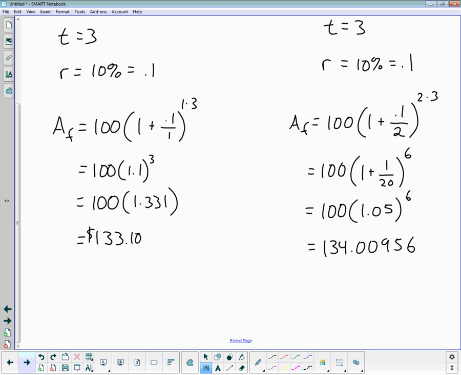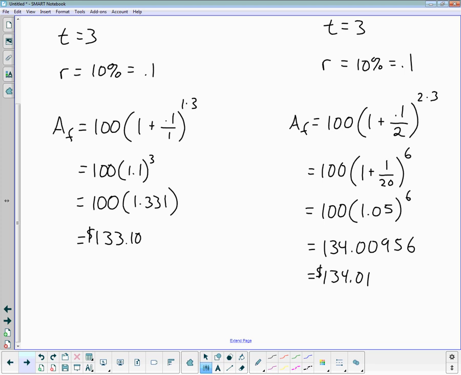Which, of course, would just be $134 and a penny, because we're not going to deal with fractional pieces of a cent. So just by splitting up the year into 2 pieces, we grew a little more. Not a lot. I mean, this is a small example.